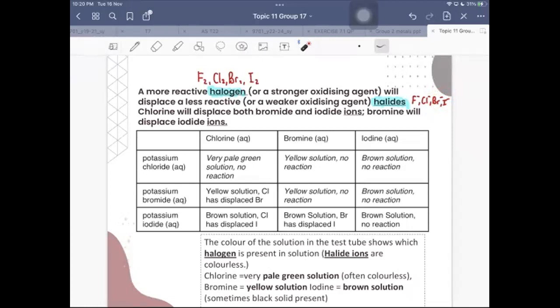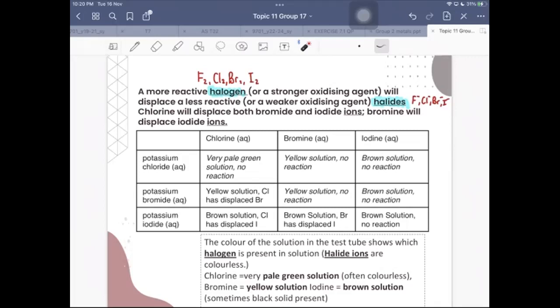Iodine cannot displace anything because iodine is the least reactive. Why do we not talk about fluorine? Because as usual, fluorine is the top member of group 17, which behaves differently. I mentioned this in the previous topic already. Usually the top member and the bottom member are two extremes and they don't usually follow the pattern. So we stick with chlorine, bromine, and iodine.